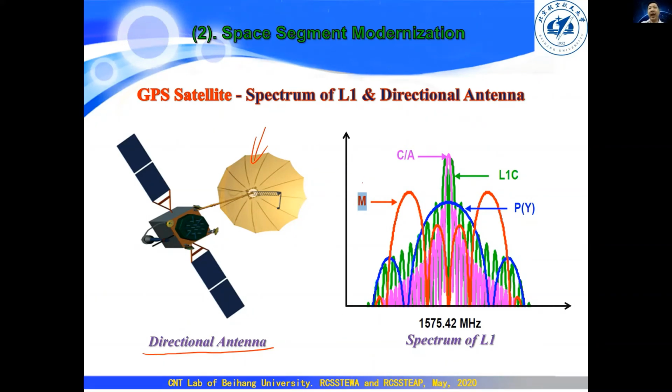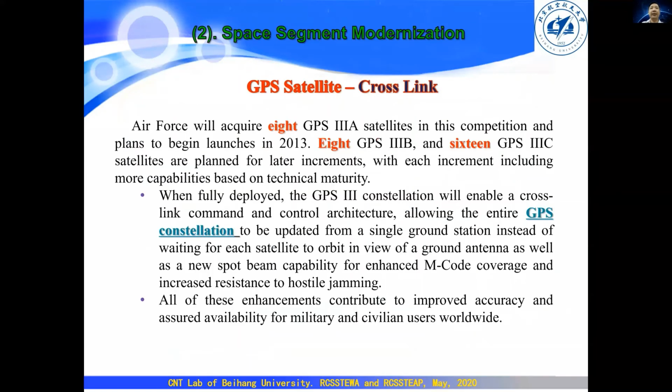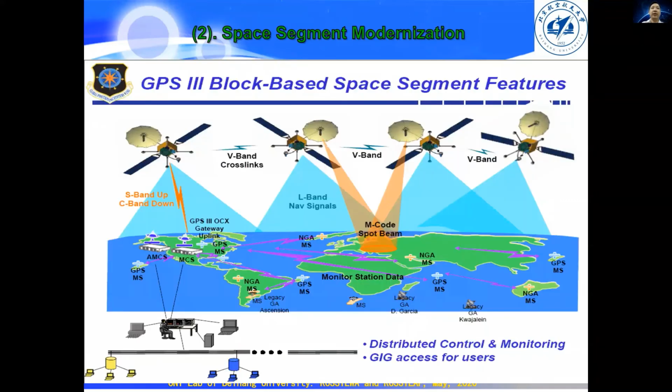And then in the L1 frequency, many satellite signals are combined together. That gives users many choices to find the appropriate signal. And this is combination. So also it has crosslink. That means the satellite can communicate with other satellites to share information between them. Also, this system is also used in the Beidou system.